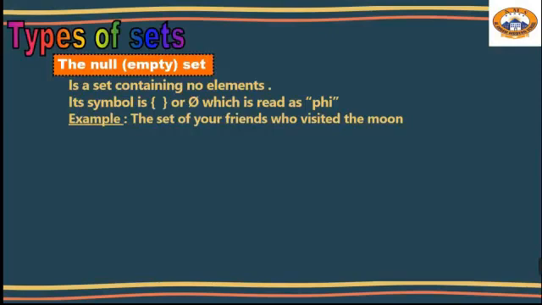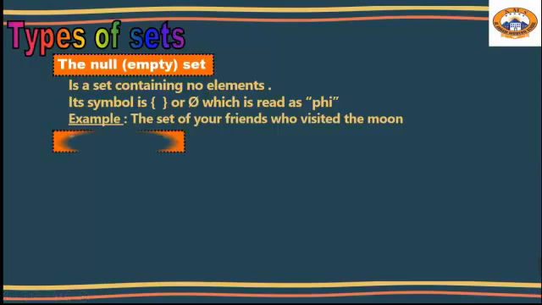The symbol will be two braces with no elements inside them, or I can write phi. Phi is this circle with the dash, we call it phi. So phi, or empty braces, is the symbol for the null set.